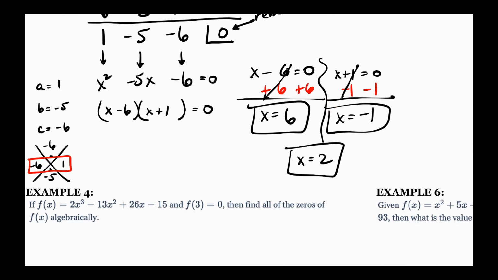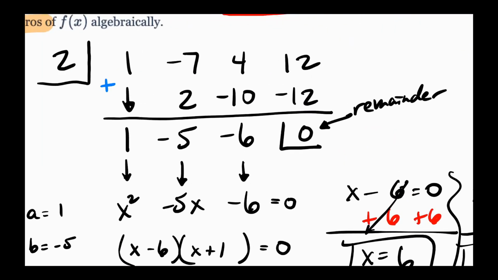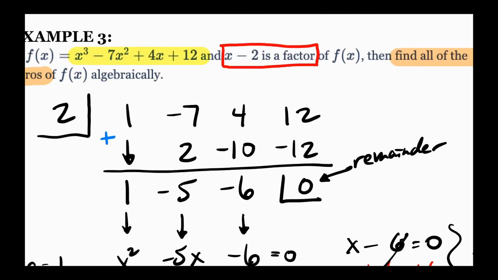How do I know that zero is going to work for my problem? What did I get as a remainder? If you get zero here, that means it's a factor, and they told us at the beginning that this is a factor. So this has to be a zero. That's where the third one comes in.